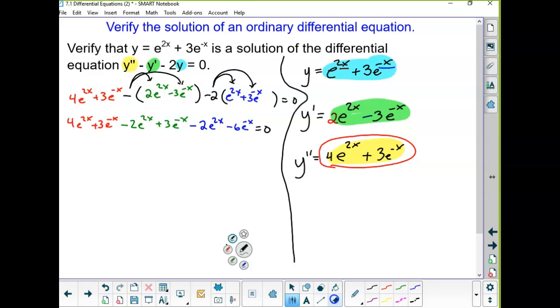So once you distribute the negatives, then you can kind of see some things are going to cancel out.